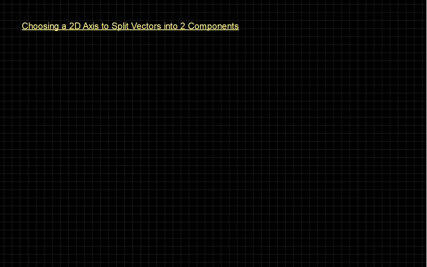Okay, then a further thing I just want to talk about before we start looking at some examples of static particles and how we calculate the forces involved, is this important idea of being able to split up a vector into two components, and to be able to do it with respect to any axis that you choose.